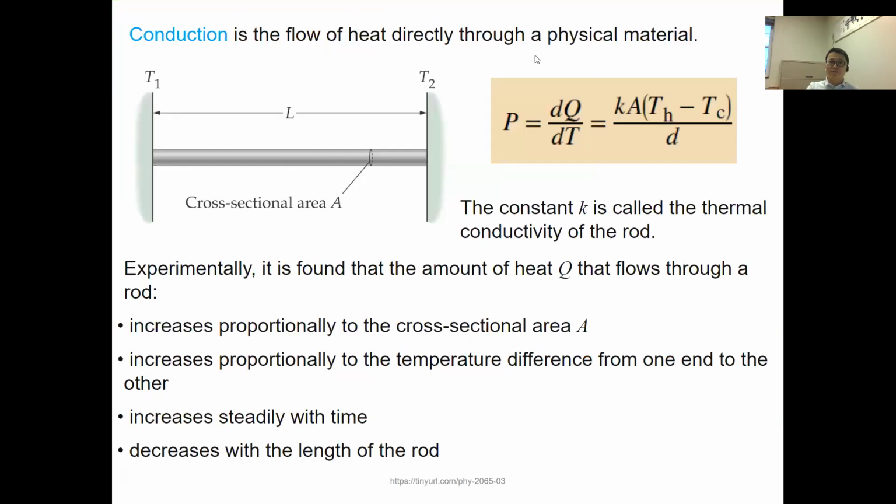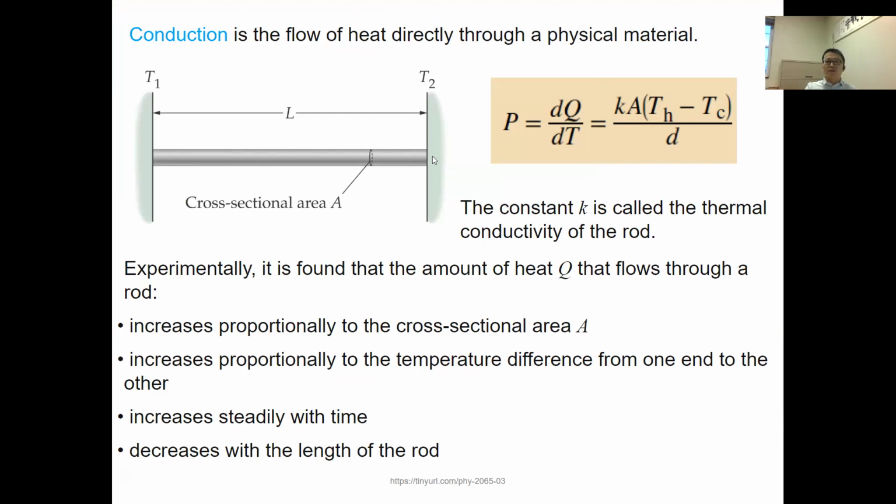First, conduction. Conduction is the flow of heat directly through a physical solid material. Let's say you have a higher temperature here and a lower temperature there. This could be TH, this could be TC.